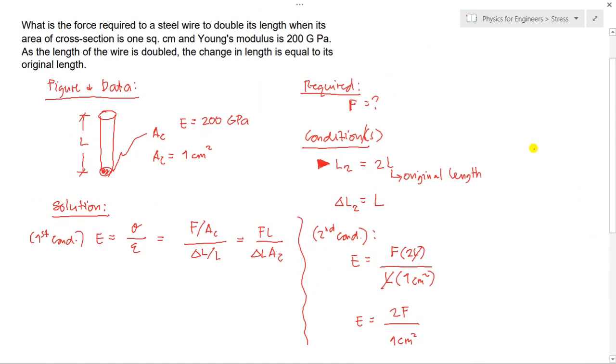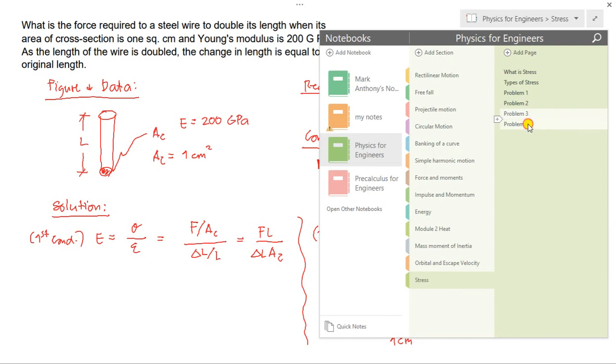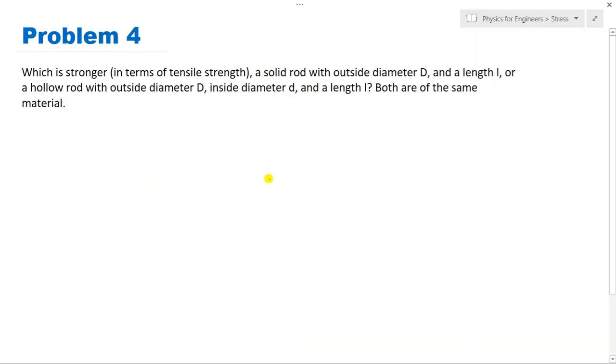Okay, if there is no question, then let's proceed to the last problem for stress. So this is problem 4, this situation. You judge which is stronger. Here, it is stated which is stronger in terms of tensile strength, meaning we base our criteria on the tensile stress of the material.